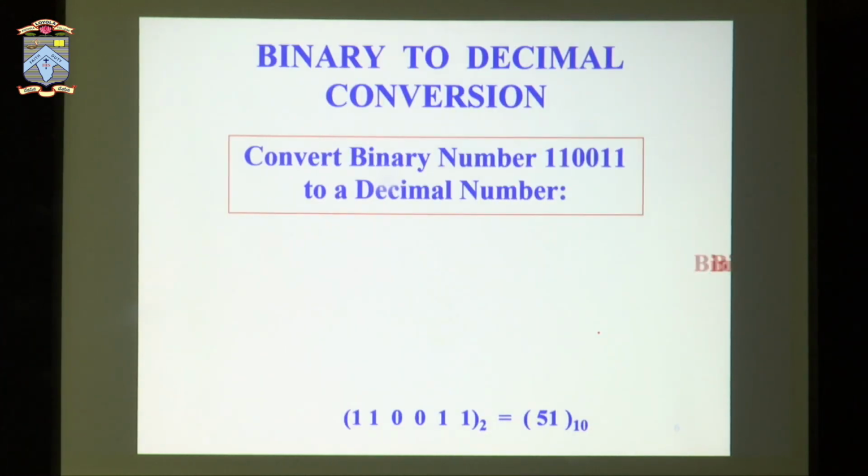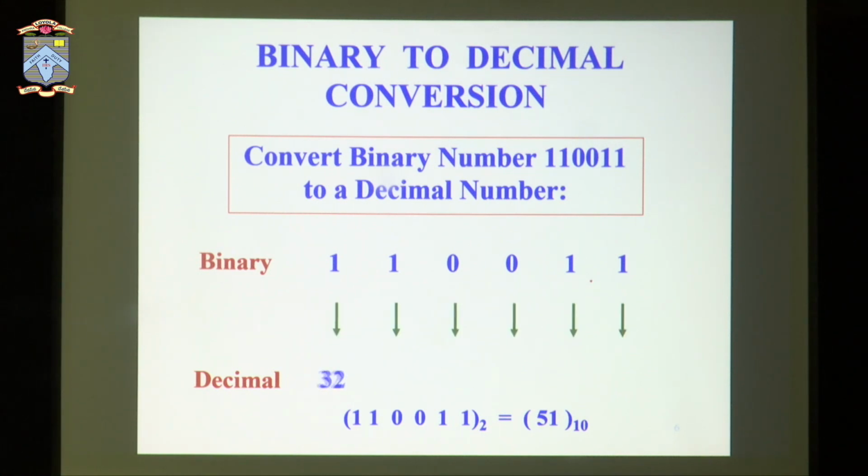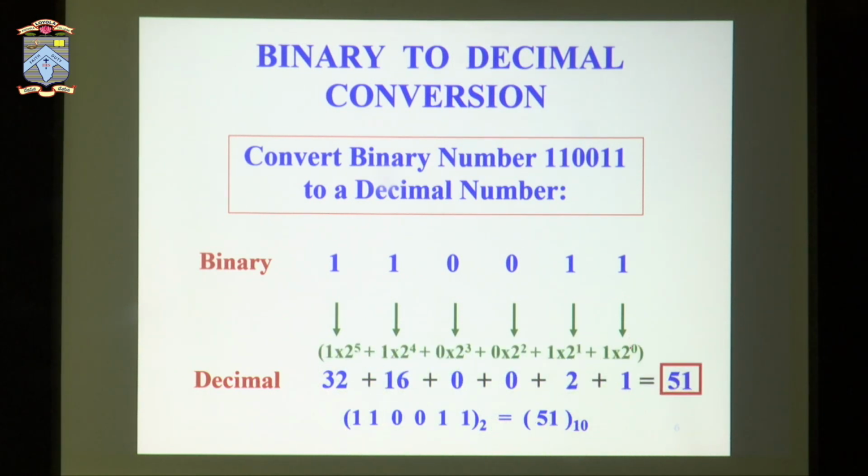The next one is the binary to decimal conversion. Convert the binary to a decimal number. This is a simple example. You take the binary number and the corresponding weights according to the position value. This is 2 power 0, whereas the next one is 2 power 1. We call this the LSB, whereas the extreme left side bit is called the most significant bit.